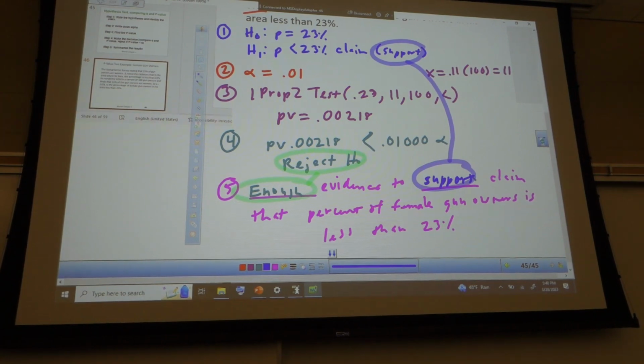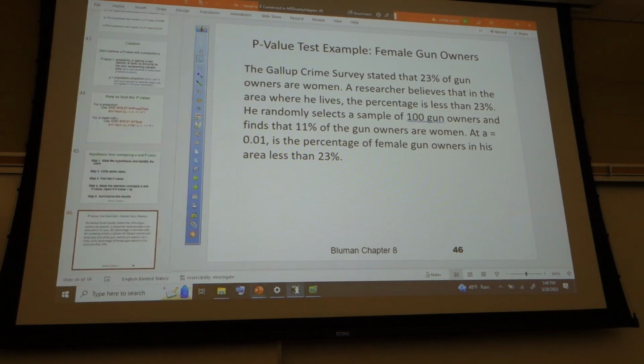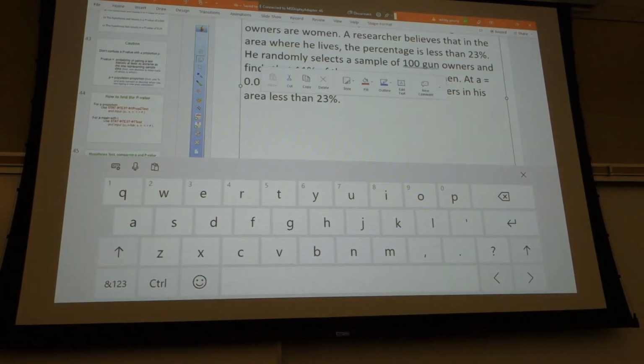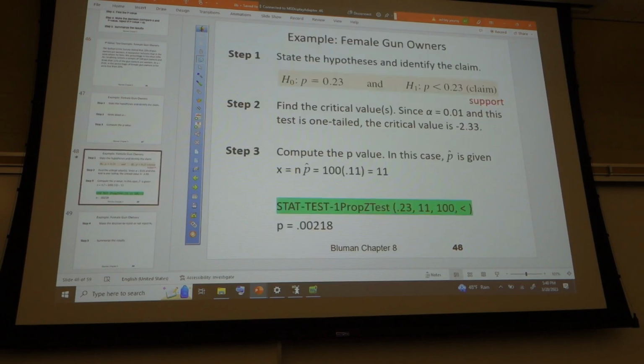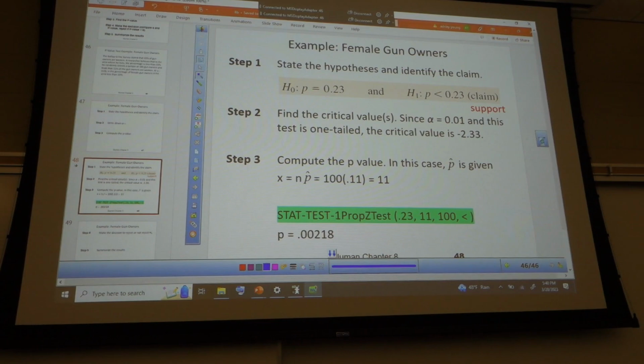Okay, so let's have you folks try one. See if I have anything prettier. I might have prettier. Let me see. All right, so here it is, prettier a little bit. H naught is P is equal to 0.23, H1 is P is less than 0.23. I don't need to do this one.